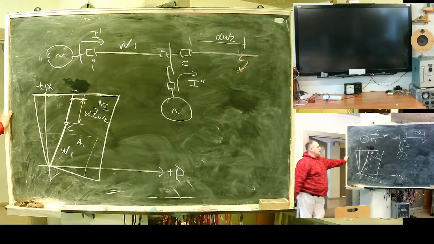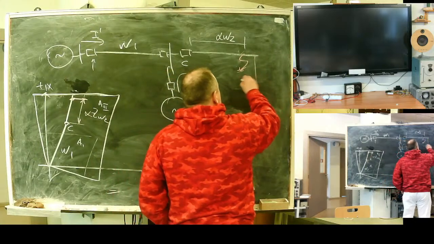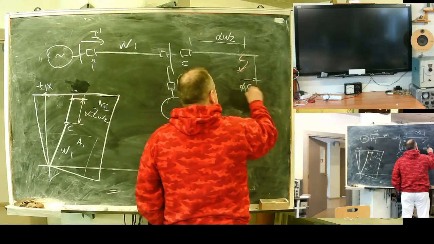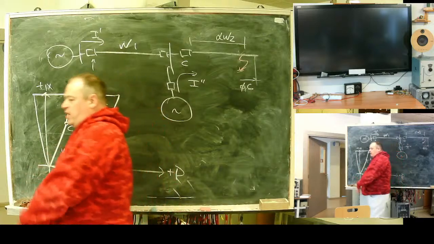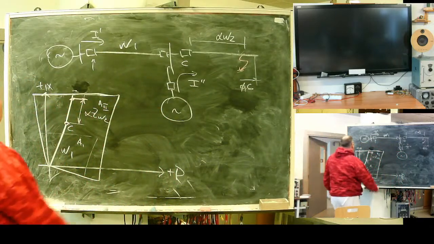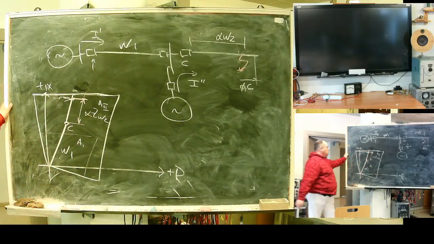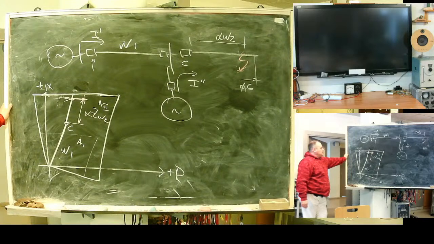Let's say here is 0.6 of the length. So my fault is protected. Here is my fault, the place of fault. Very nice.